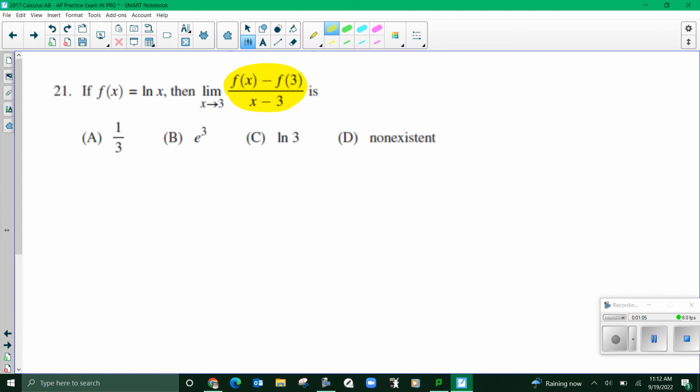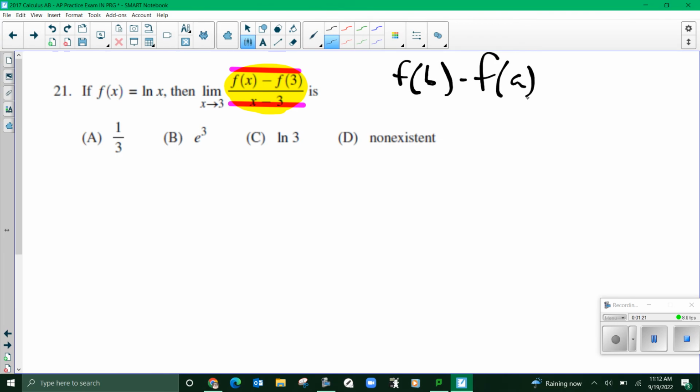Okay, and slope is the same thing as derivative. This is change in y over change in x. Or in calculus terms, that would be f of b minus f of a all over b minus a.